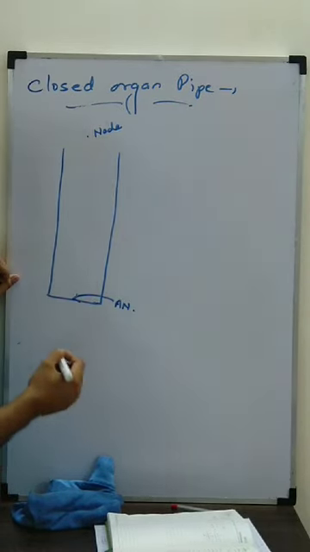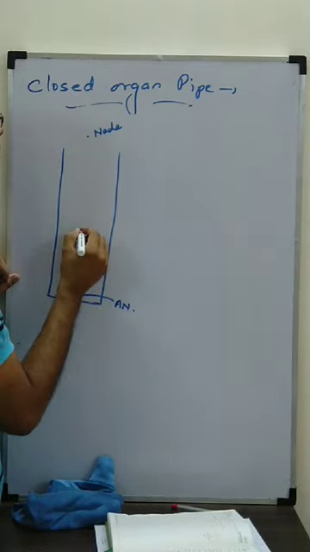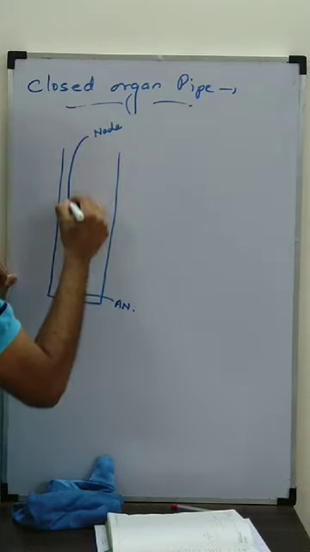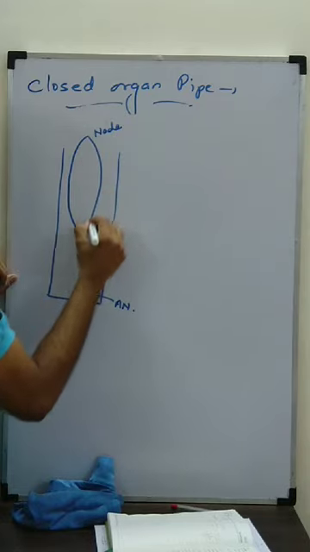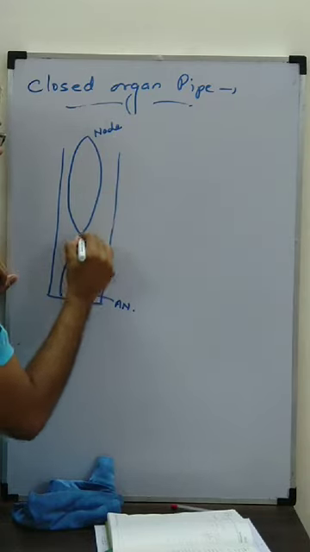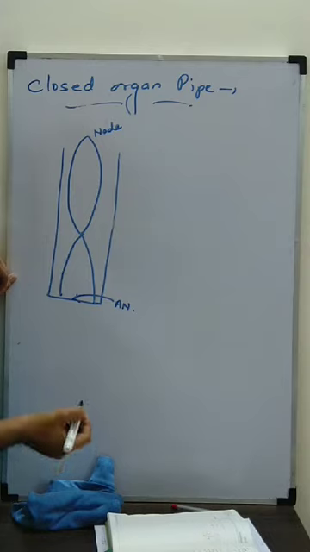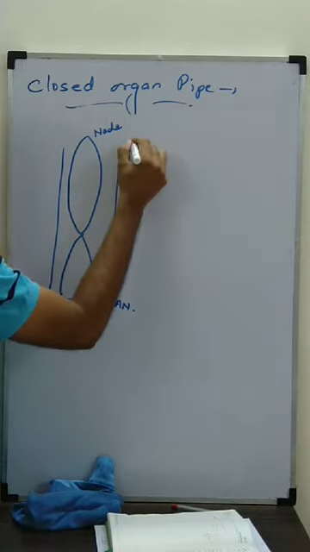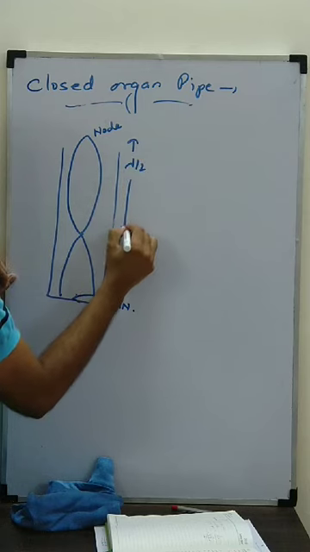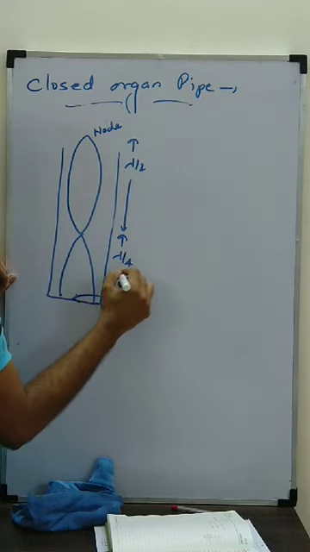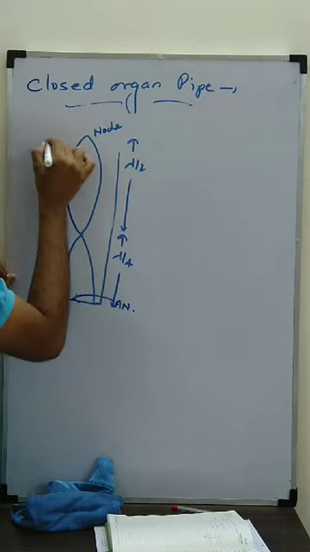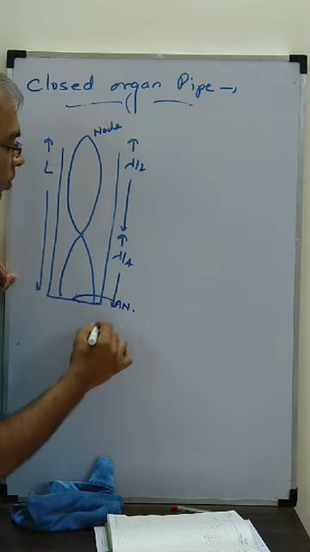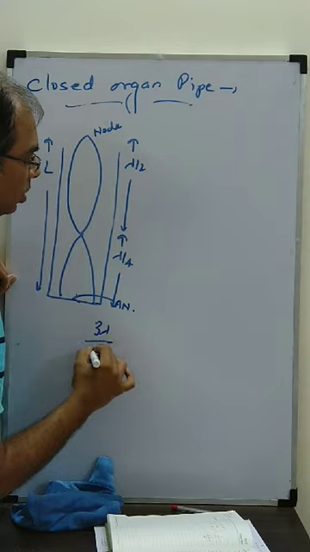Now in between I want one more node. So one node here and then antinode. Now this is lambda by 2 and this is lambda by 4 and this is L. So what is the length? Lambda by 2 plus lambda by 4, it's 3 lambda by 4 equal to L.